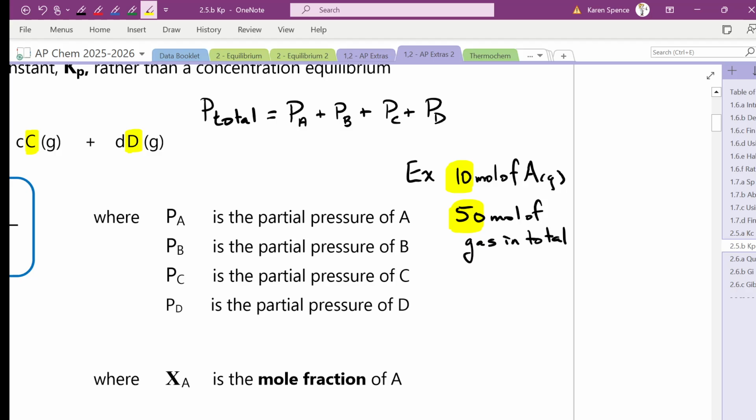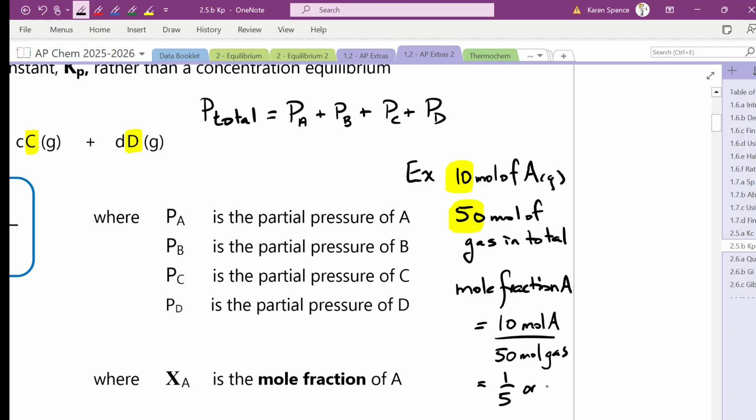So the mole fraction of A would simply be 10 moles of A divided by 50 moles of total gas, which would give you either 1/5 or 0.2. You can write a mole fraction as a fraction, or you can write it as a decimal. Does that make sense? It's not a complicated concept.